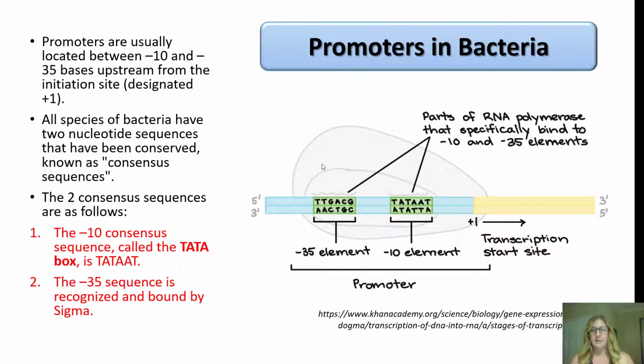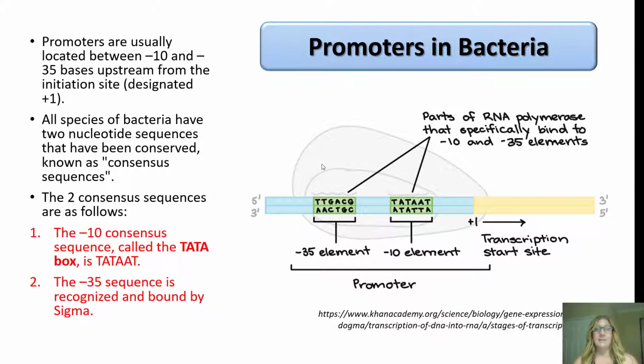All right, so taking a little bit more specific look here at the promoters in bacteria. We actually have two different promoters in bacteria that are conserved sequences that we see throughout a lot of the different species of bacteria. And because they're conserved, we call these consensus sequences. So the two consensus sequences observed in bacteria are as follows.